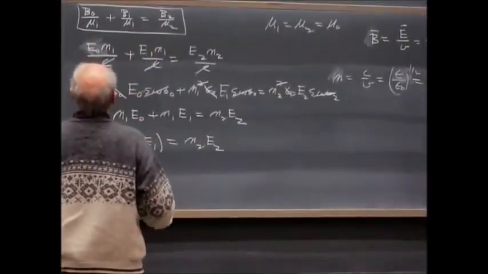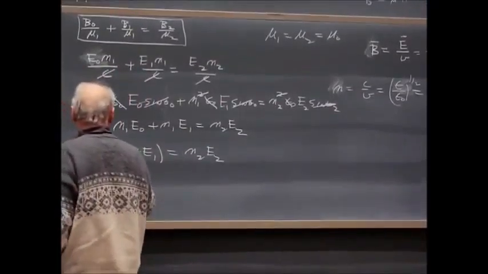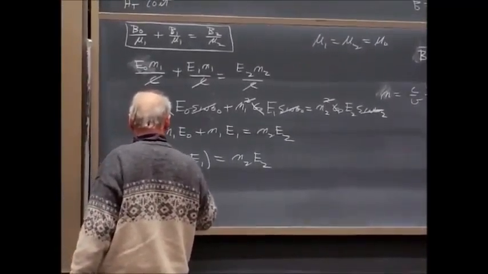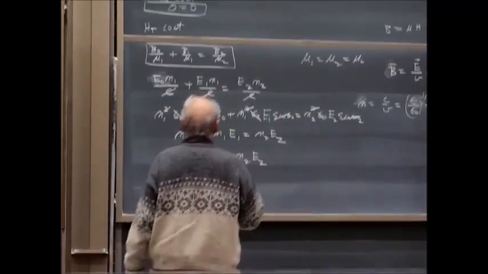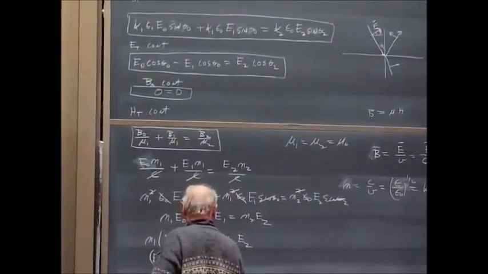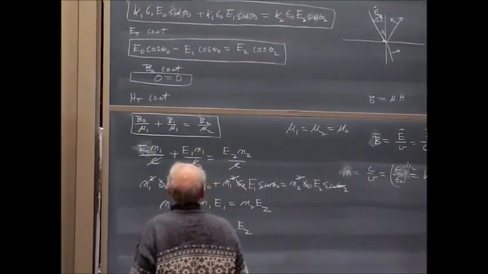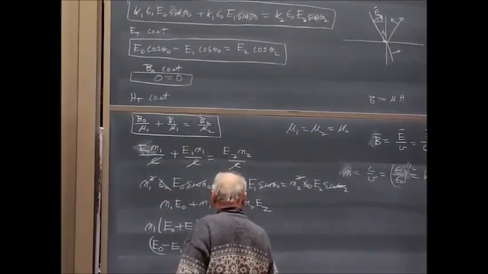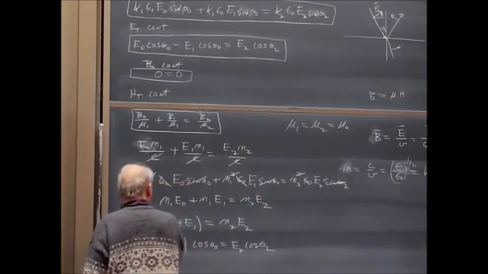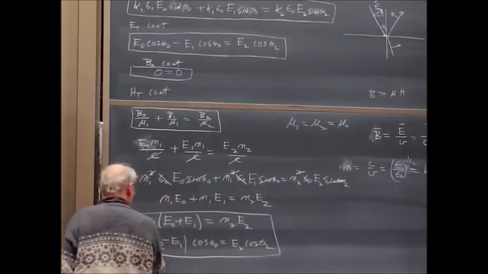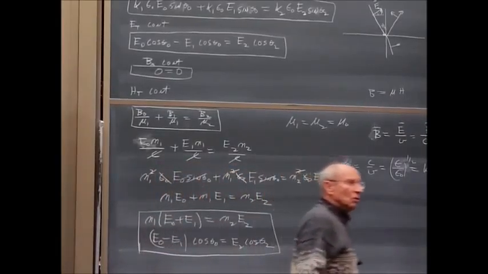And E0 minus E1 times the cosine of theta 0 is equal to E2 times the cosine of theta 2. And so those are the two equations I need to solve.